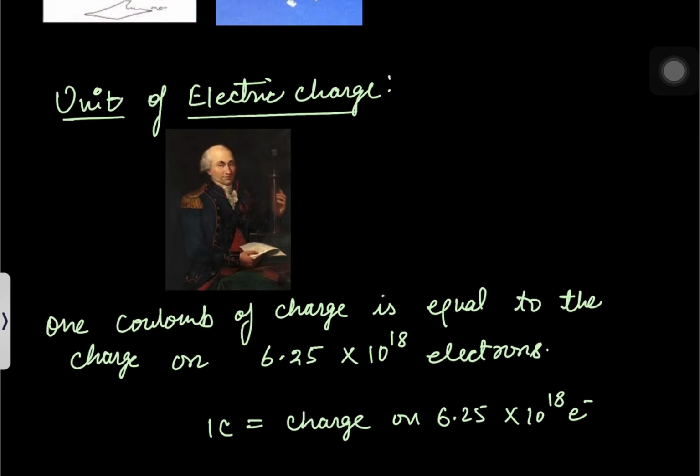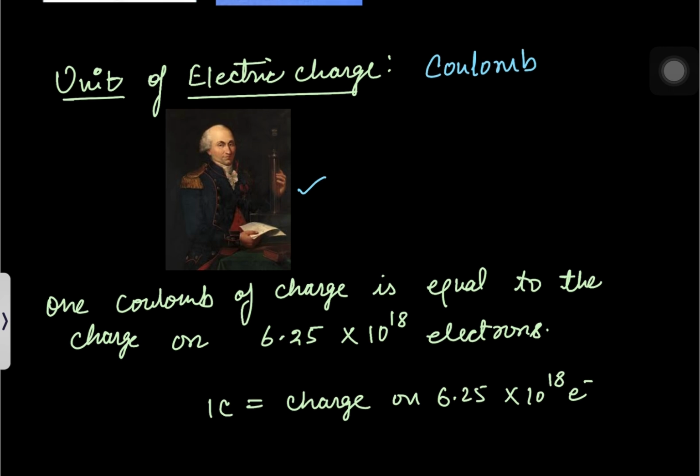Before moving further, we need to understand the unit of electric charge. As the electric charge unit, I have earlier stated it is coulomb, and this is the scientist Coulomb who discovered the electric charge and gave the concept of the electric charge. So how can we define coulomb?